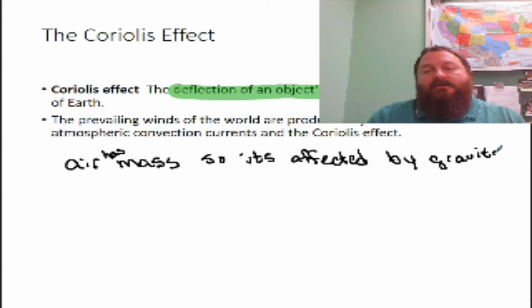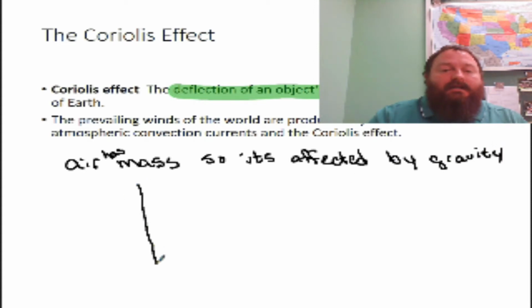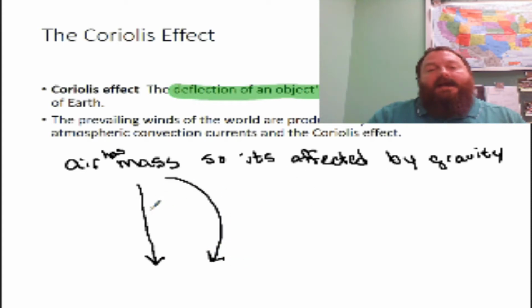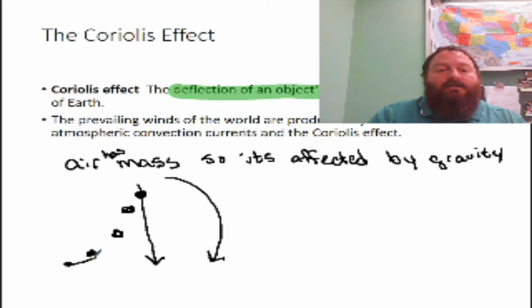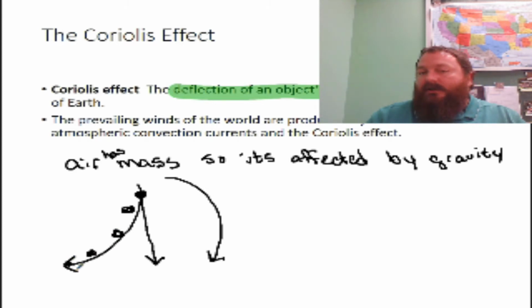So if I'm trying to move a mass of air in a straight line path downward, but my planet is spinning around that path, what happens is, as that mass of air is here, the gravity of the Earth is grabbing it and dragging it along with the spin of the Earth. And it creates kind of like a curved arc path. So my winds are never going to go in straight lines at the surface. They're going to kind of be curved and going off in an arc.